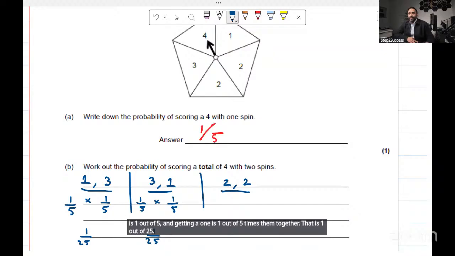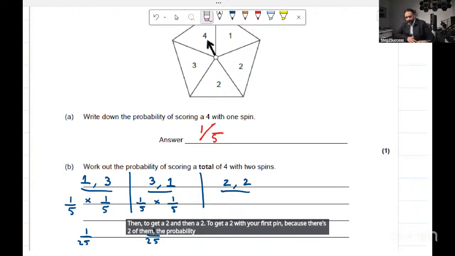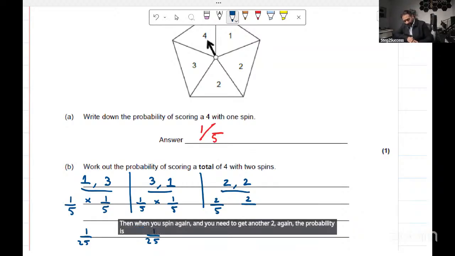Then, to get a 2 and then a 2, to get a 2 with your first spin, because there's two of them, the probability of getting a 2 is 2 out of 5. Then when you spin again and you need to get another 2, again, the probability is still 2 out of 5. You times them together to get the probability of getting a 2 and then a 2, which is 4 out of 25.